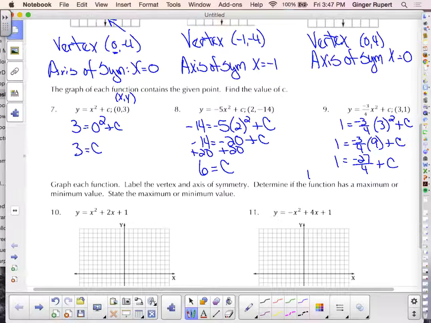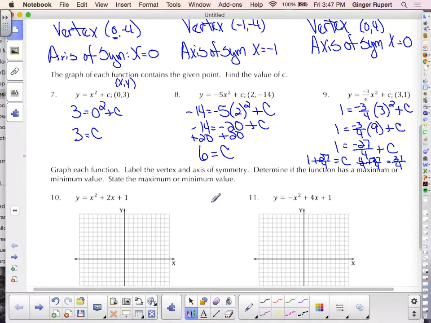So you'll have 1 plus 27/4 equals c. To add those together and keep it an improper fraction, 1 will become 4/4. So you have 4/4 plus 27/4, which is 31/4. So your value of c is 31/4.